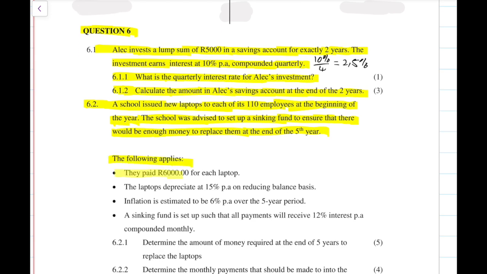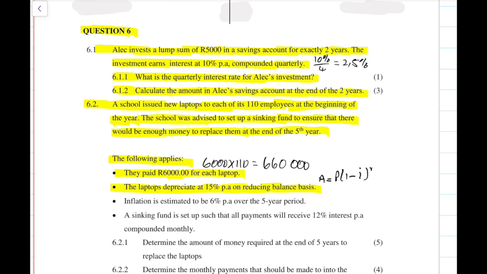So we just say 6,000 times 110, which is basically 11 times 6, which is 66, but then this ends up being 660,000 by carrying those extra 4 zeros. You can check that on the calculator. Laptops depreciate at 15% per annum on the reducing balance method. So that's the formula here for depreciation.